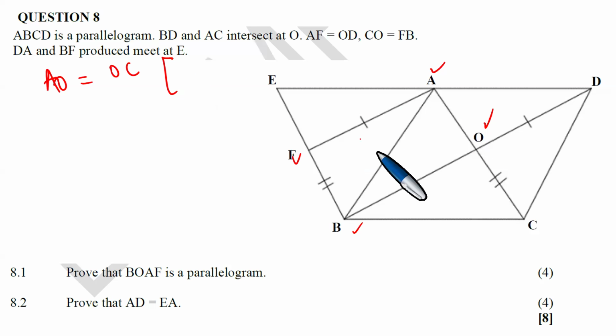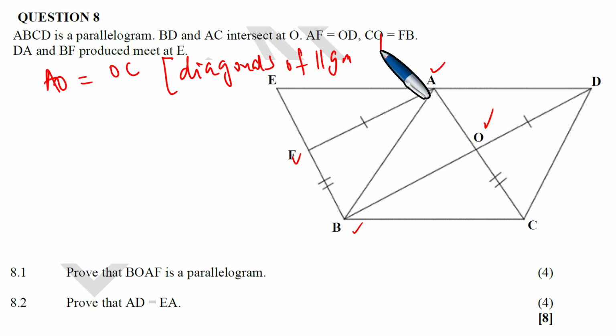If you say AO is OC, this means that diagonals of a parallelogram bisect.